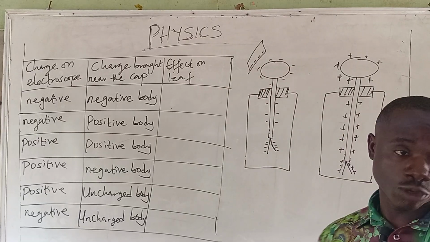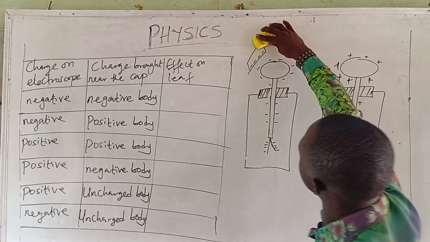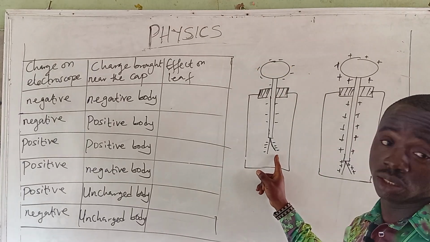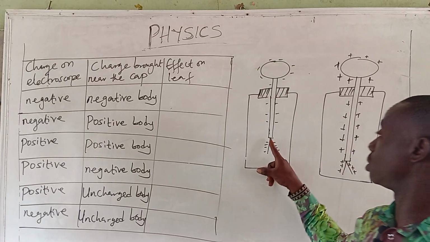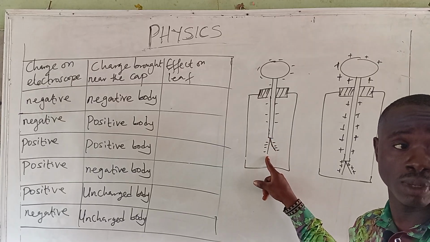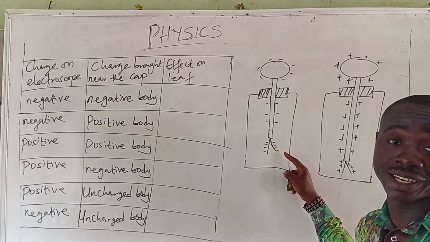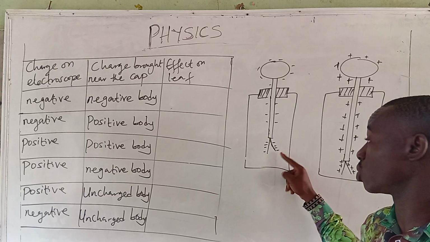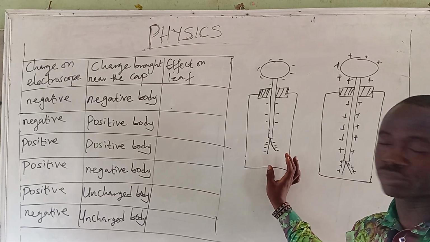Repulsion. Now, first of all, before you brought this negatively charged rod close, there's already divergence, because the metal plate and the gold leaf are carrying the same charge, which is a negative charge. So there's already a divergence.